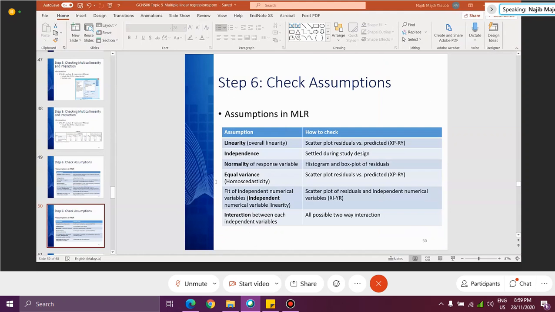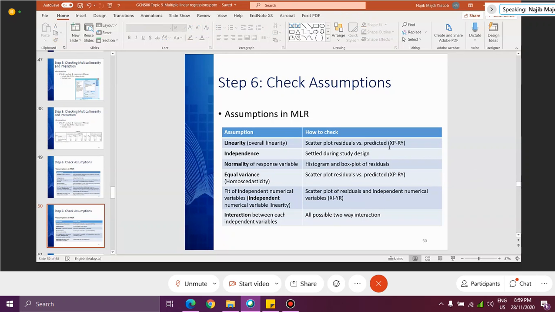Okay. So what else? We have generated the X-versus-Y-residual scatter plot to see the assumption of overall linearity, the histogram and box plot of residual to see the assumption of normality of the response variable, the X-versus-Y-residual scatter plot to see the assumption of equal variance, and X independent versus Y residual to look at the assumption of independent variable linearity.